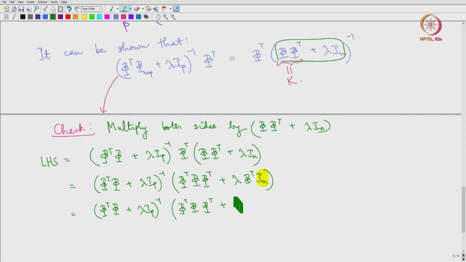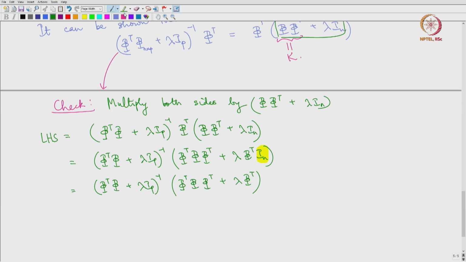So, this just becomes lambda phi transpose. Now we do something that will really help us: we pull these phi transposes out of this expression. The phi transpose which appeared last, we are pulling it out of this term.